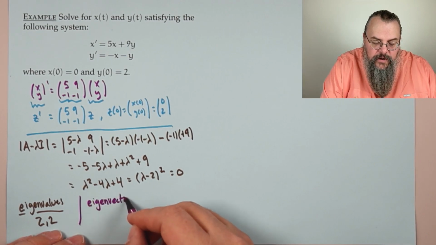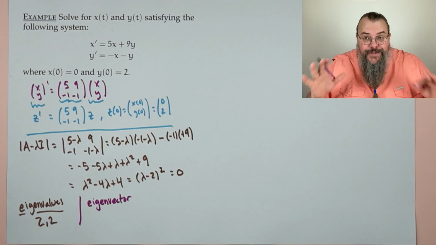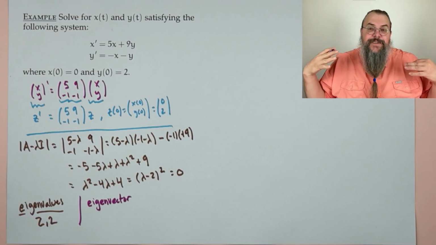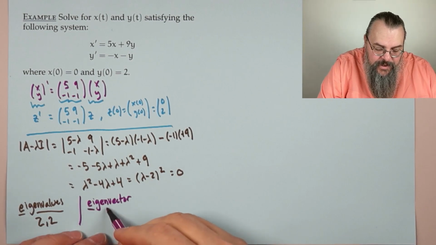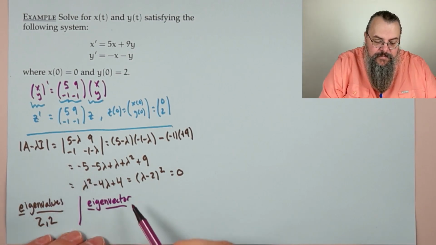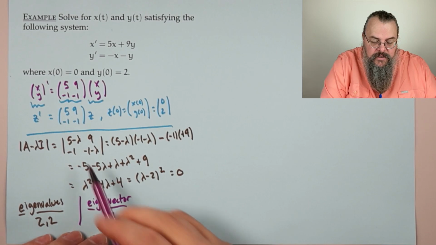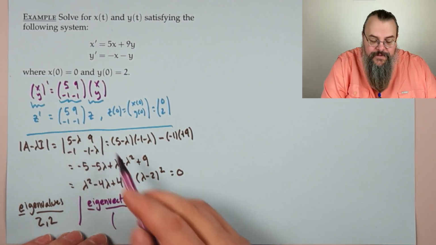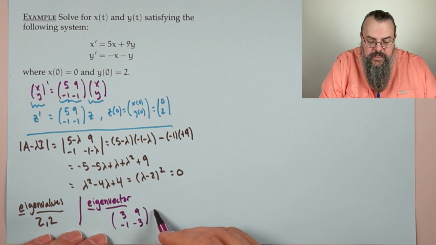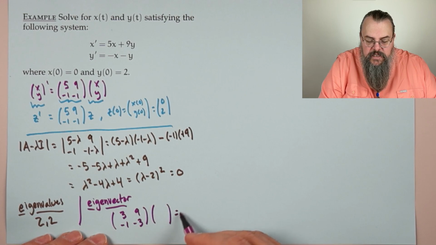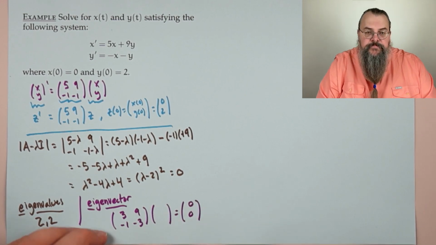And we know, because this is not trivial, and it's 2 by 2, repeated eigenvalues means there's only going to be one. So we look at our a minus lambda I. So, again, I like to use this as a reference. That would be 3, 9, minus 1, minus 3, times something needs to give 0, 0.